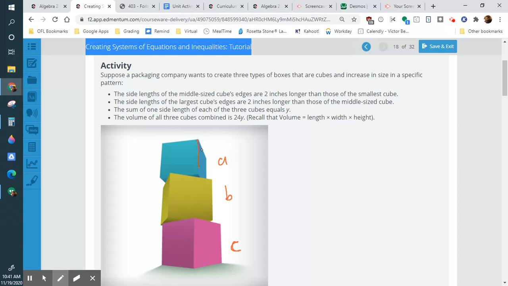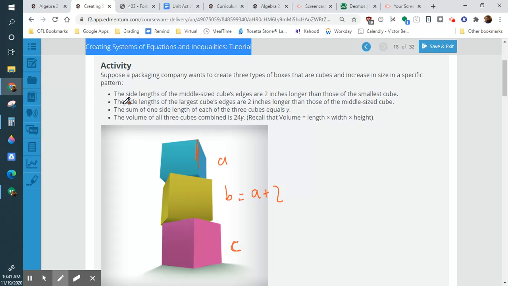So this has the side lengths of A, B, C. You guys get the idea. They want to use fewer letters. So they're saying the middle cube edges are 2 inches longer than those of the smallest cube. So I'm going to say A is my smallest cube. So I'm going to say that B equals A plus 2.